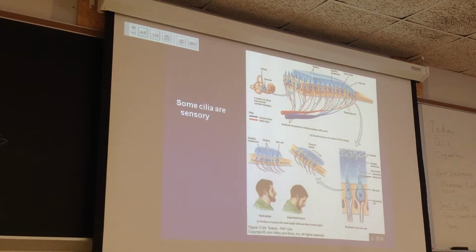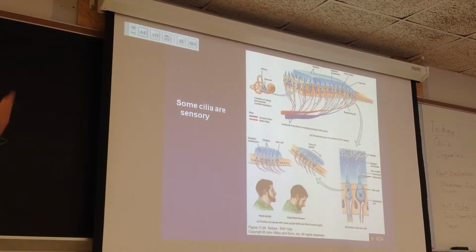Oh, I forgot about this one. Some cilia do not have a purpose that is locomotion based. Instead, they are sensory. We won't talk a lot about this this semester because this is more with sensory organ systems in the second semester. But some of them, when bent from side to side, send a nervous system signal.